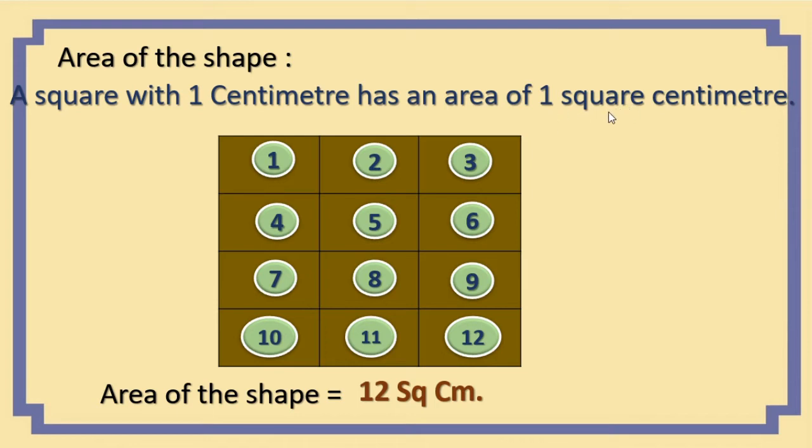See, this is added here, square centimeter. So the unit of area is square centimeter because the lengths are given in centimeter. Okay, we will go through some more examples.